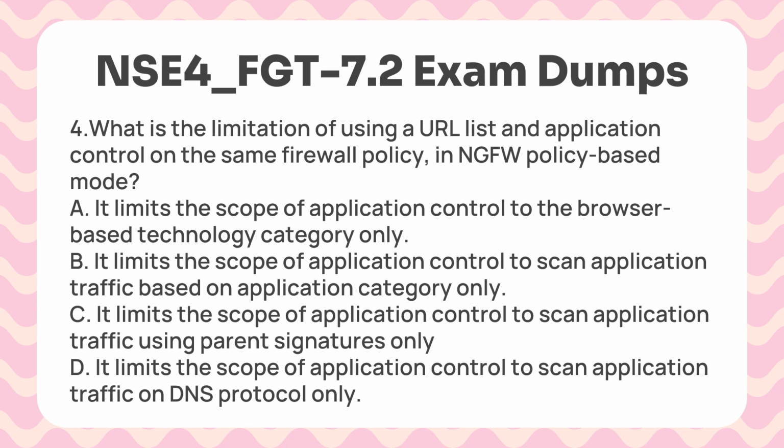B. It limits the scope of application control to scan application traffic based on application category only. C. It limits the scope of application control to scan application traffic using parent signatures only. D. It limits the scope of application control to scan application traffic on DNS protocol only.